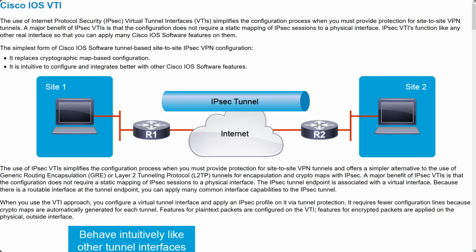But when the IPsec VTI is used, you can separate the application of the features, like NAT, ACLs, QoS, and you can apply them to either the clear text traffic or the encrypted traffic, or you could apply them to both if you wanted to. All right? So if we were using, say, crypto maps, there really is no simple way to apply encryption features to that IPsec tunnel.